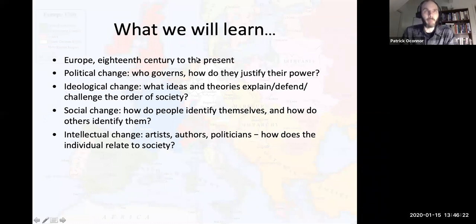So just as the borders of Europe have changed many, many times, in profound ways since 1700, so too have the political structures that govern that territory, right? Today, most of these countries have democratically elected governments, but in 1700, there were very different political systems in place. For example, England in 1700 was a constitutional monarchy.